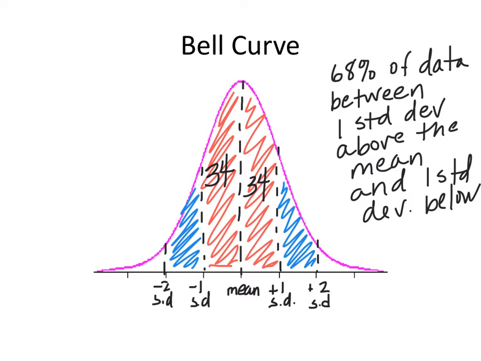So if we think about the percentage that goes with these blue parts, that would be 13.5% on each side. So we have 34% in the red area on each side, and we have 13.5% in the blue area on each side.